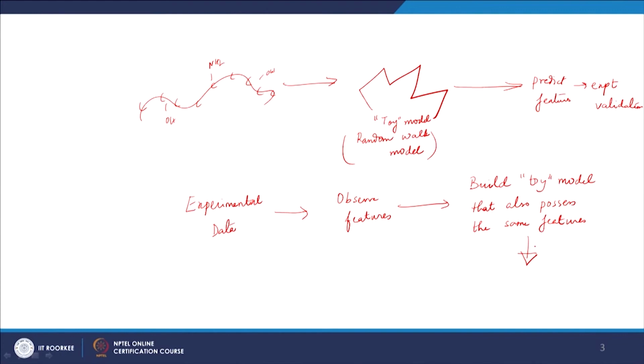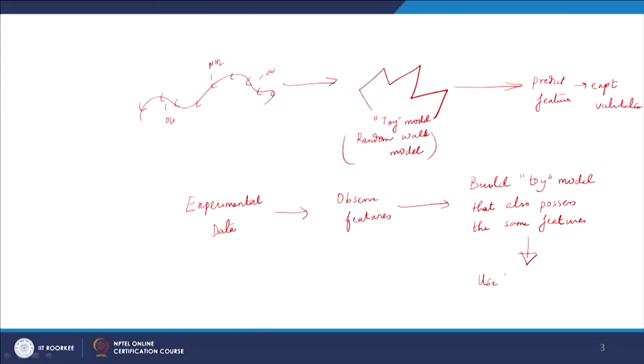In that case, it is more like a fitting kind of exercise where all we need is that the model would give you the same value of the quantity or the same kind of scaling of the quantity that we see in experiments. But then the advantage is that we hope for the most part that whether the toy model I get from the first approach or the second approach will also work for other types of system.